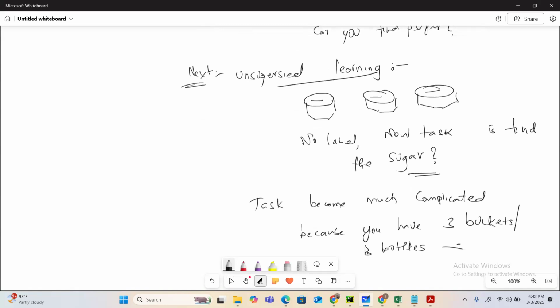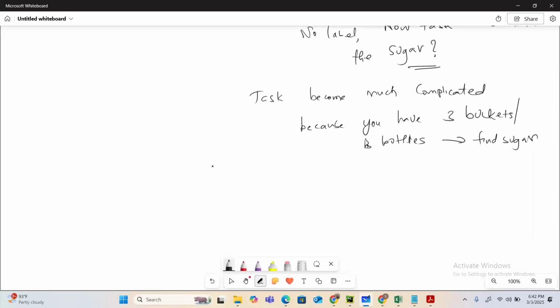Your goal is to find the sugar. Now what do you need to do? You need to go open each bottle and taste it.